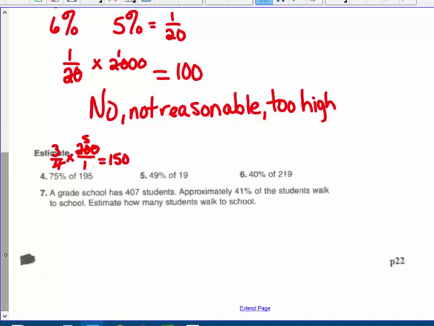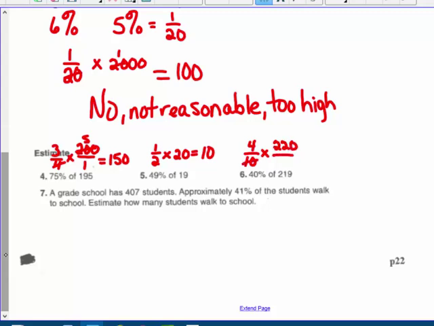Number 5, 49%, well that's pretty close to 50%. I change that to 1/2. And I would change 19 to 20, and half of 20 is 10. Number 6, 40%. Well, that's not too bad. You could either do 4/10 or 2/5 times, and I would change 219 to 220.